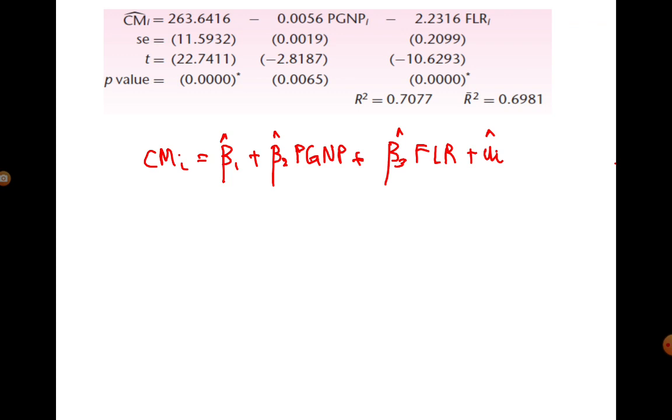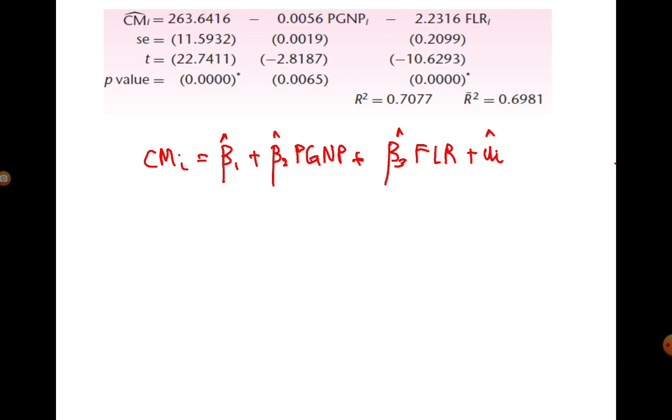If you look here, the value for beta 1 hat is 263.6416. The value for beta 2 hat is minus 0.056, and the value of beta 3 hat that was estimated from the sample was minus 2.2316.